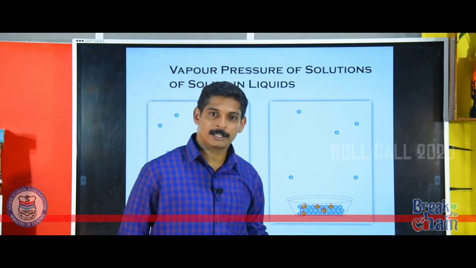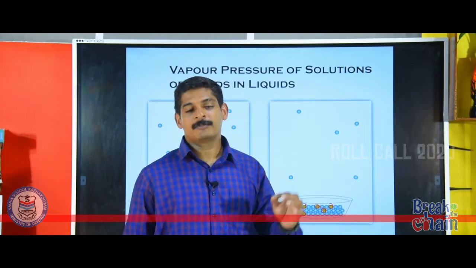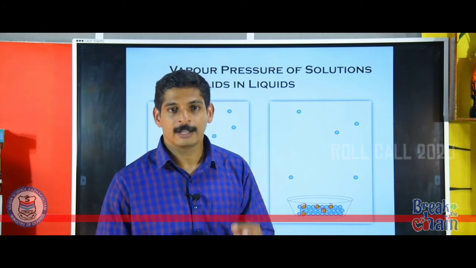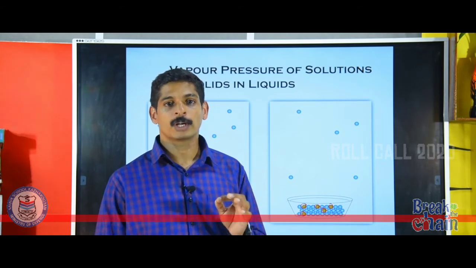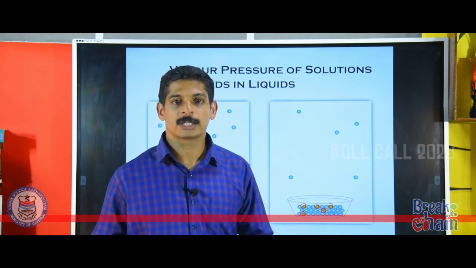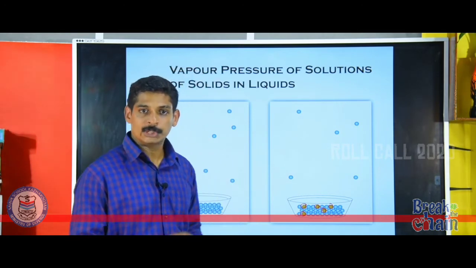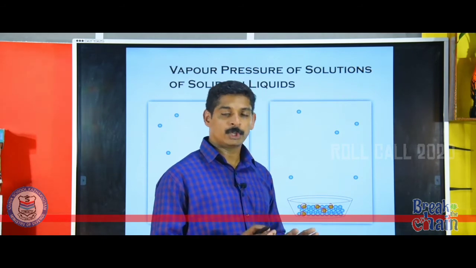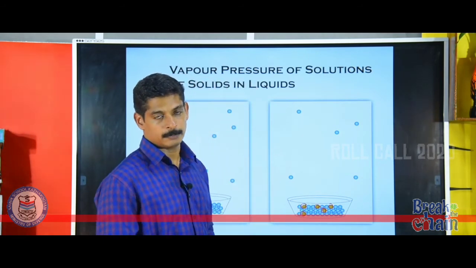If you look at the pressure of this solution, you will see that it is only due to the partial pressure of the solvent, because the solute is non-volatile. It is not going to generate any vapor. So the total vapor pressure of this solution is only due to the pressure of the vapors of that liquid.